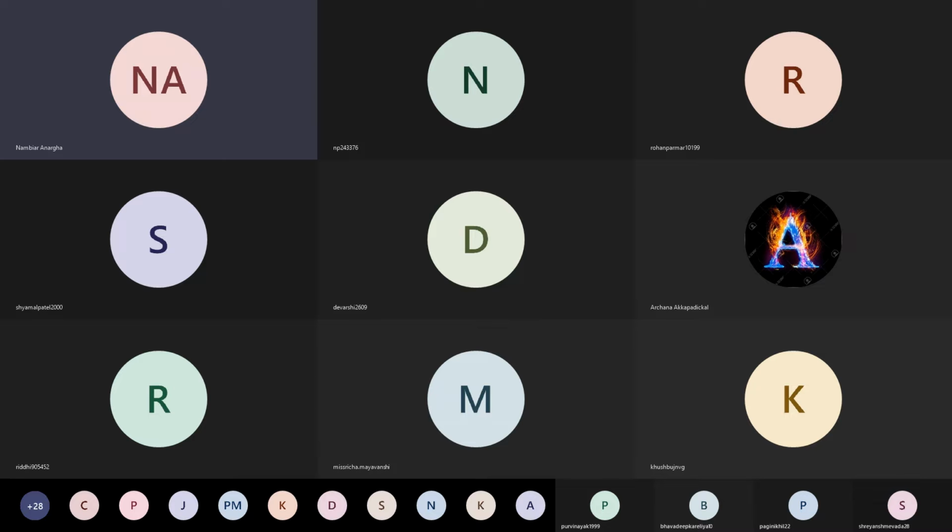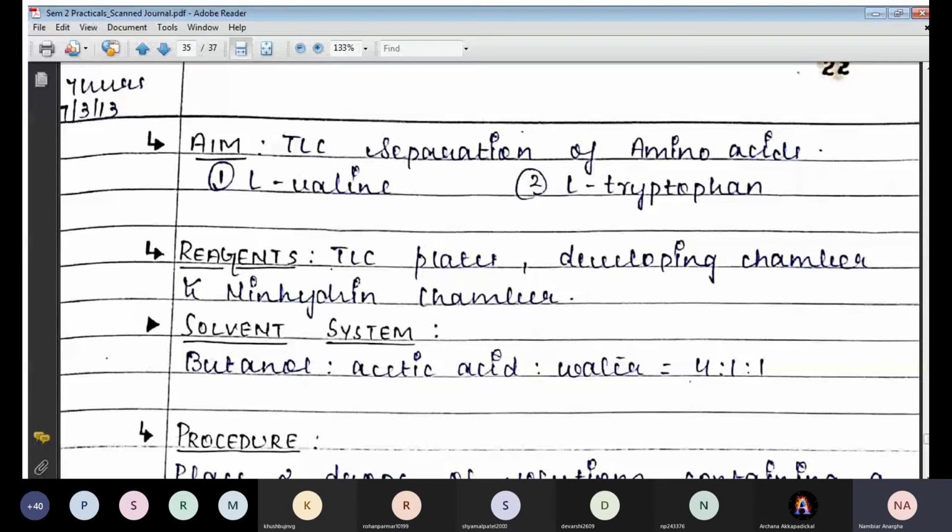Okay, let me just type. No problem. Both L-valine and L-tryptophan are amino acids. They will be dissolved, solubilized in a particular solvent. Yes, it is visible now, Archana. So both tryptophan and L-valine will be dissolved in particular solvents.